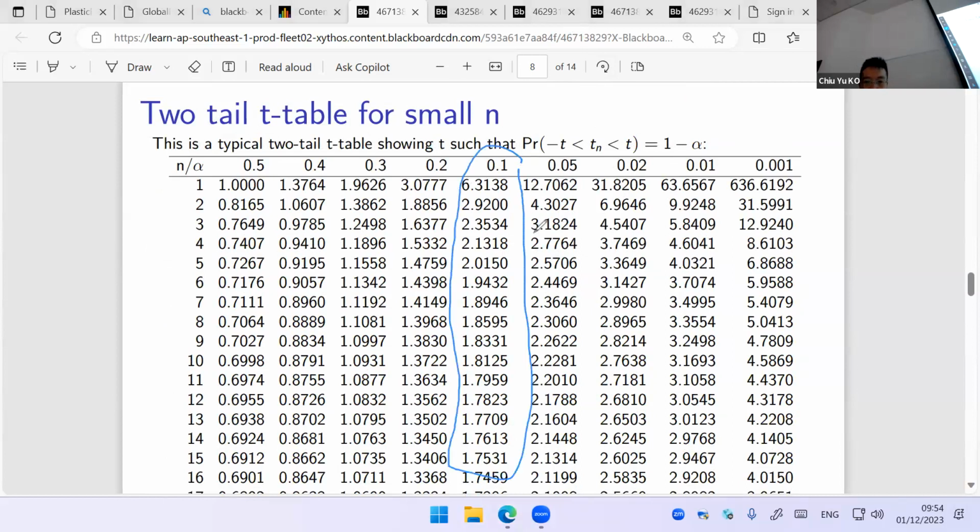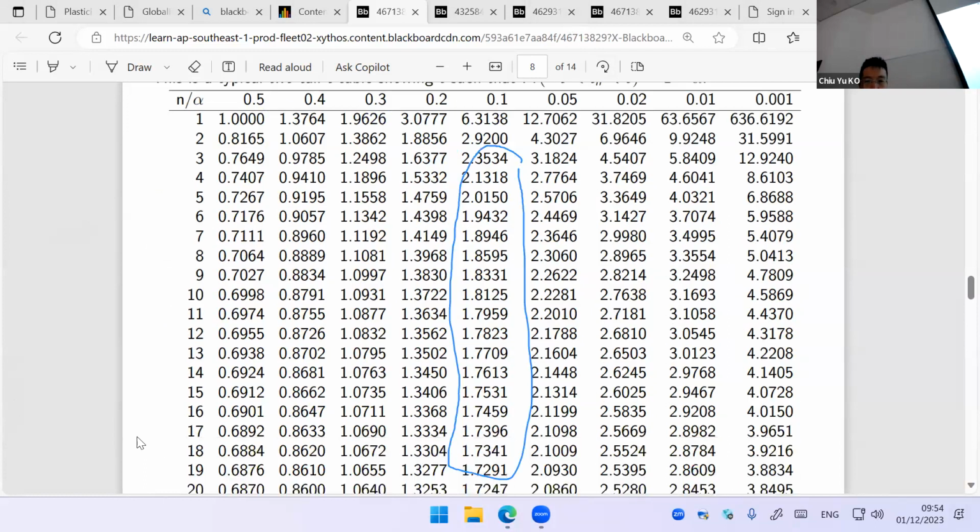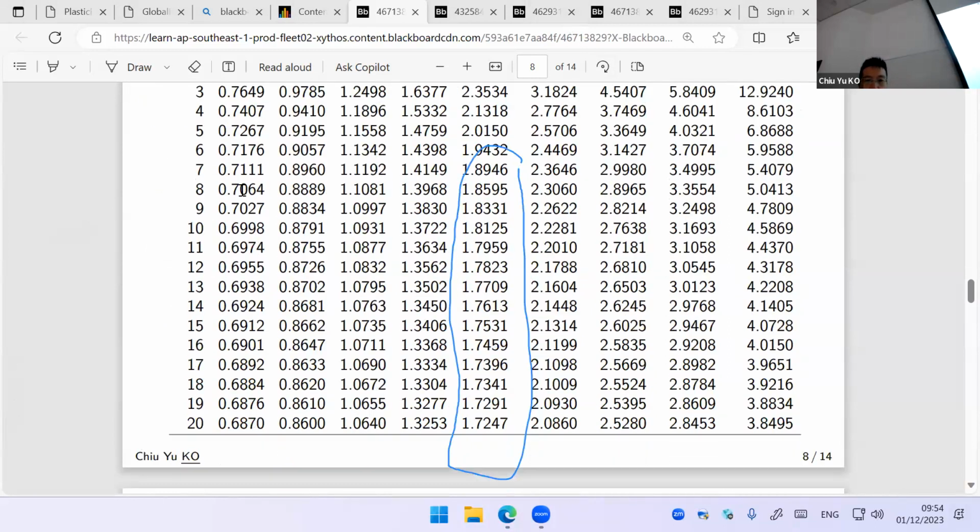And next, we want 19, so we just pick up this row. The intersection will be this one. That is what we want, the number that you will plug into your answer. Is that clear? Do remind yourself this is T, so you have to be careful.